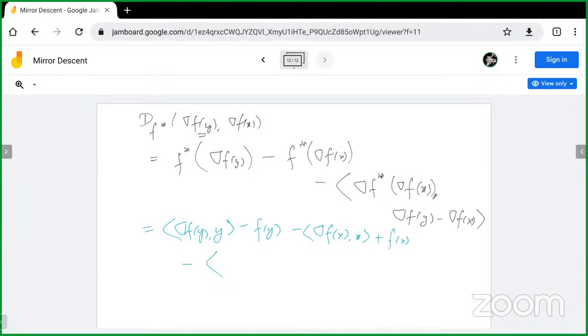Now something will cancel: grad f dot x cancels, and what remains is exactly the divergence: x minus f of y.